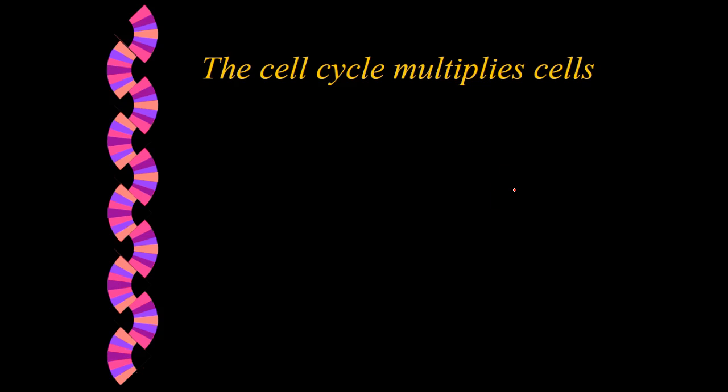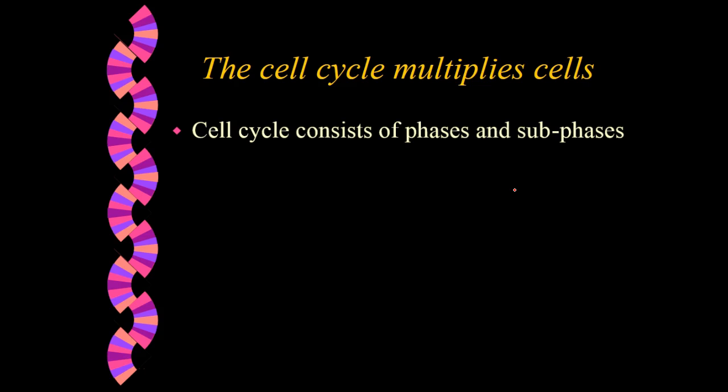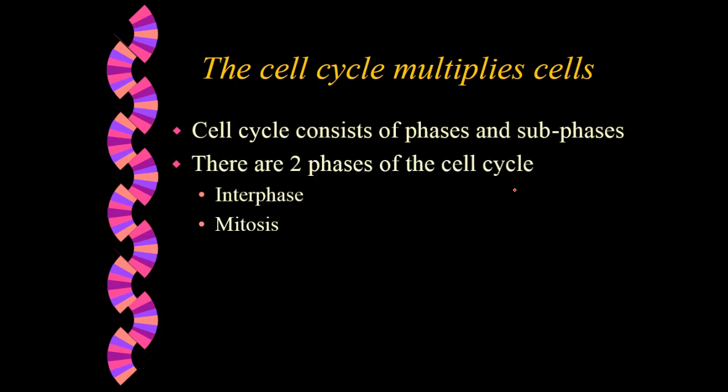So let's talk a little bit about the cell cycle. The cell cycle consists of phases and subphases, and there are 2 main phases of the cell cycle. The cell cycle consists of interphase and mitosis. Interphase consists of G1, S, and G2.